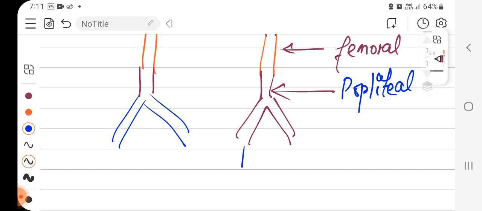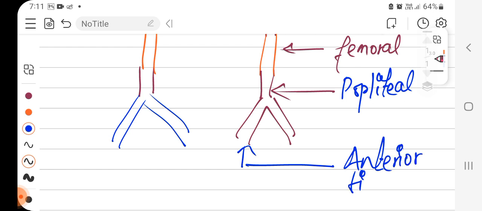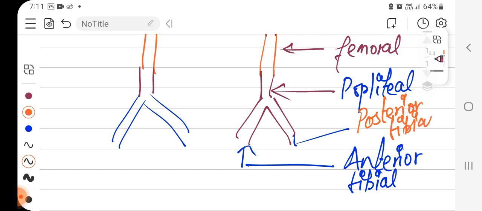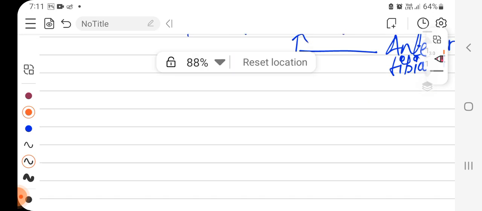The inner side is known as anterior tibial, and the outer side is known as posterior tibial, which supplies blood to the tibia, phalanges, etc. That's all.